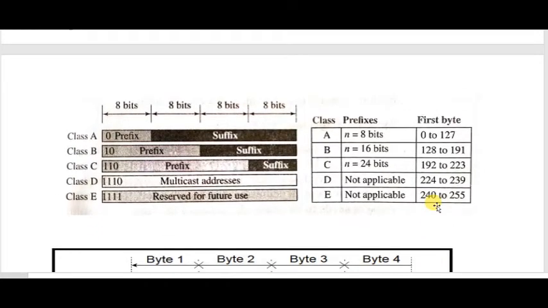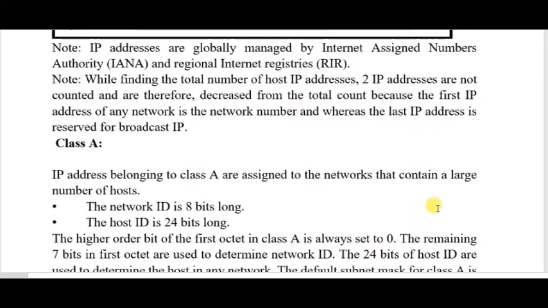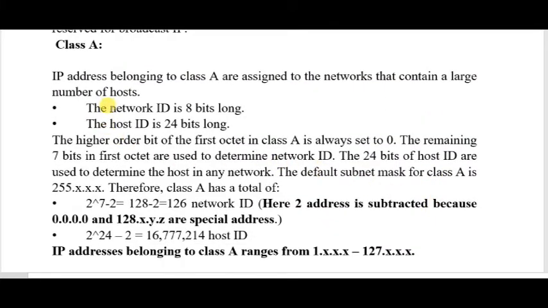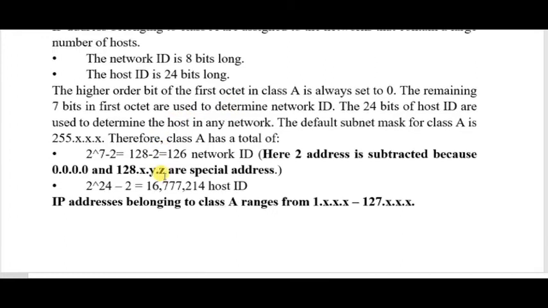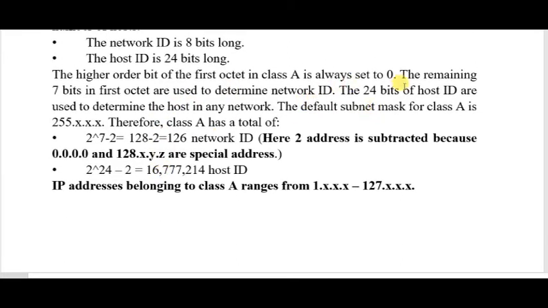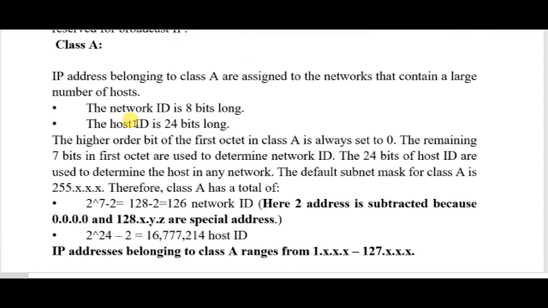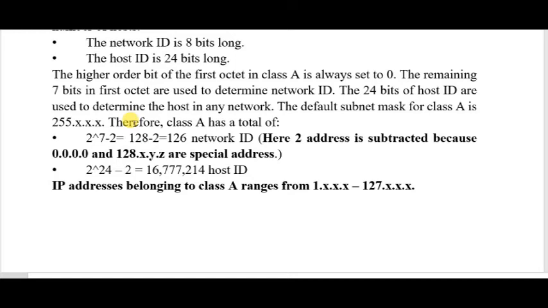We have already told that in the class A, the network ID is 8 bits long and the host ID is 24 bits long. So let me calculate here, for your better understanding. In the class A, the first bit is prefix, and apart from that 8 bit, 1 bit is prefix and the remaining is 7.